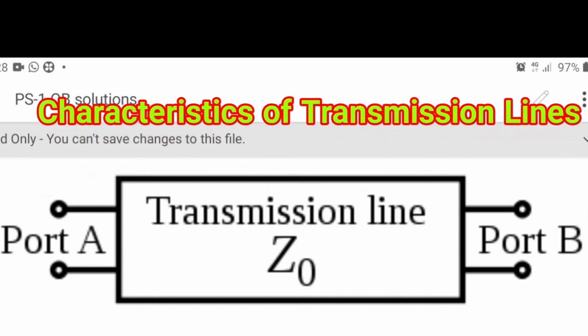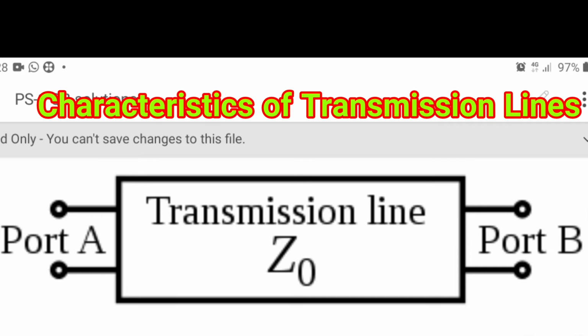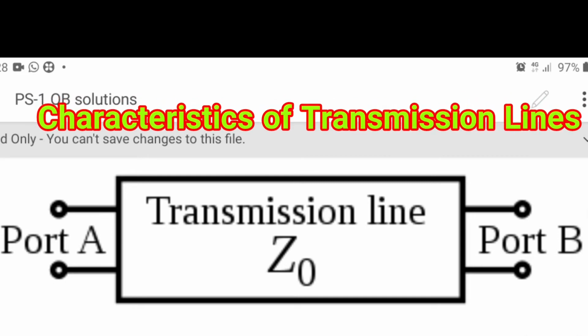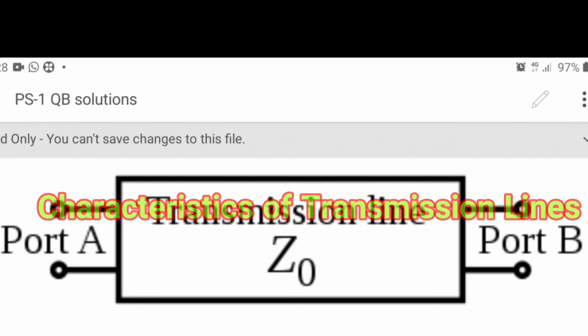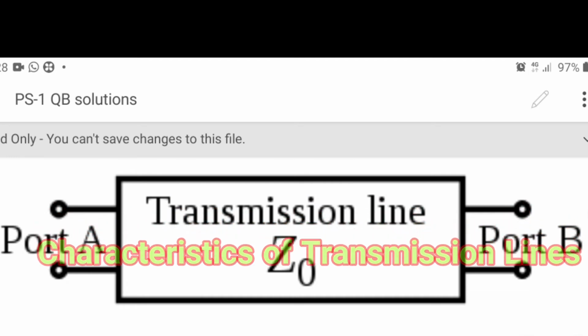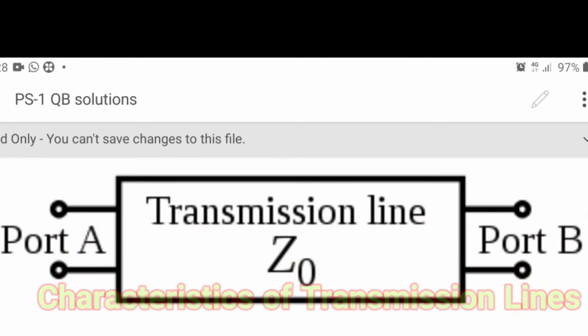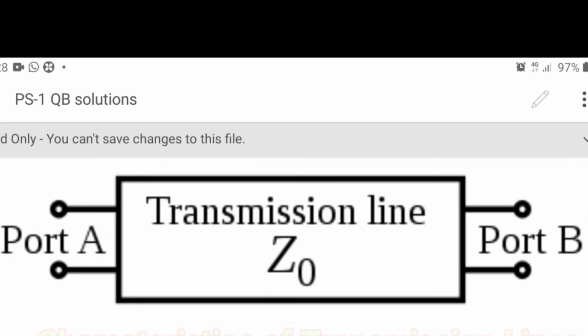Typical values of Z0 are 50 or 75 ohms for a coaxial cable, about 100 ohms for a twisted pair of wires, and about 300 ohms for a common type of untwisted pair used in radio transmission.